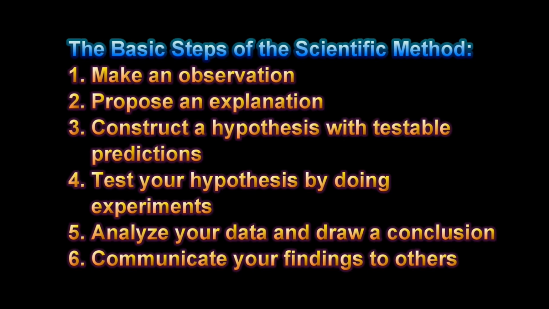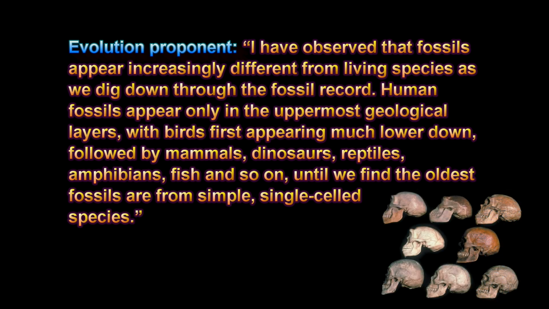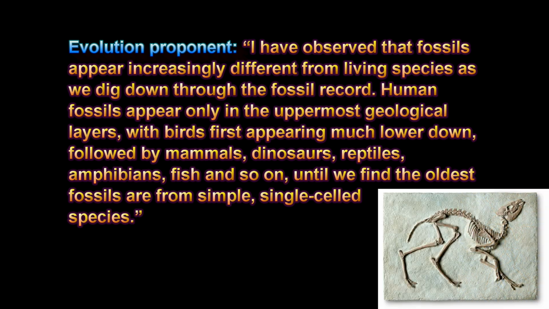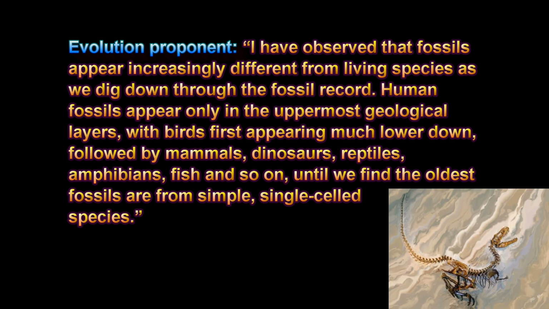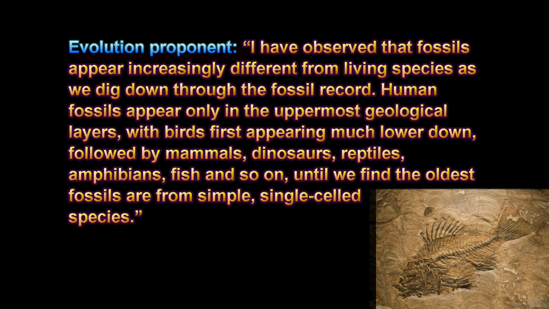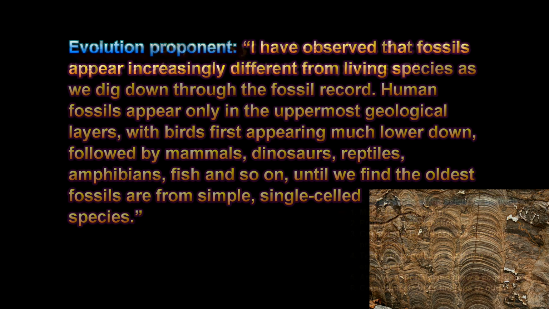The evolution proponent says, "I have observed that fossils appear increasingly different from living species as we dig down through the fossil record. Human fossils appear only in the uppermost geological layers, with birds first appearing much lower down, followed by mammals, dinosaurs, reptiles, amphibians, fish, and so on, until we find the oldest fossils are from simple single-celled species."